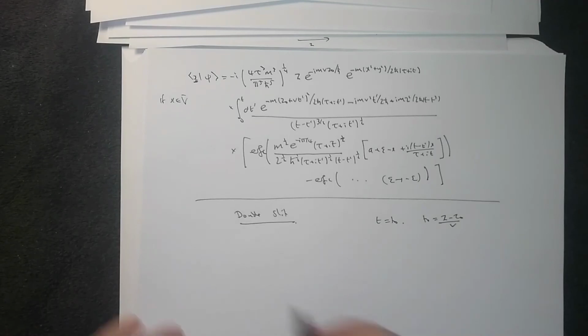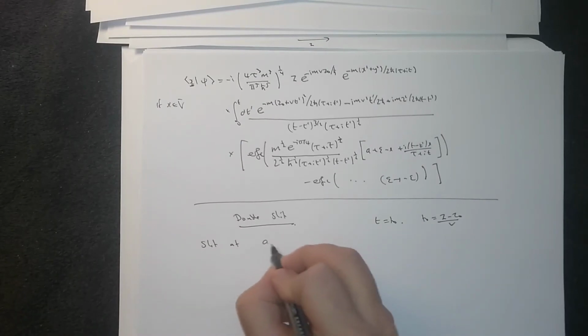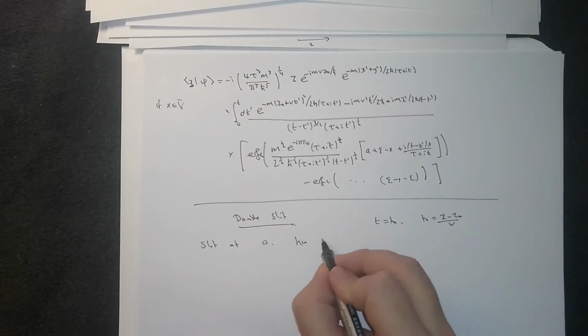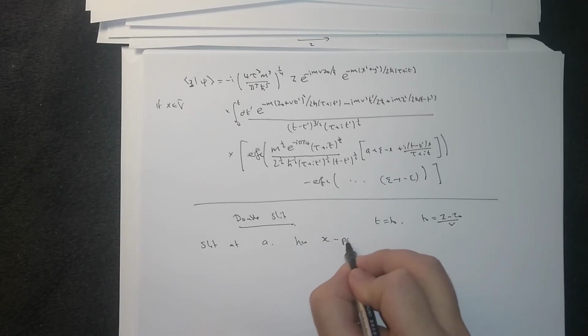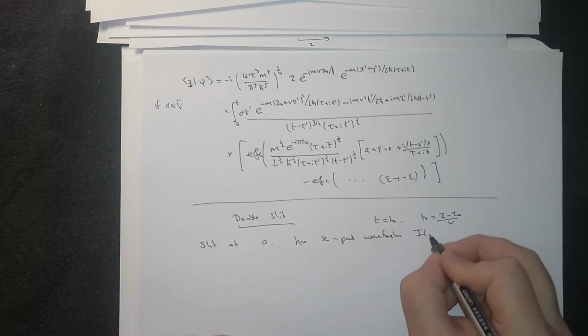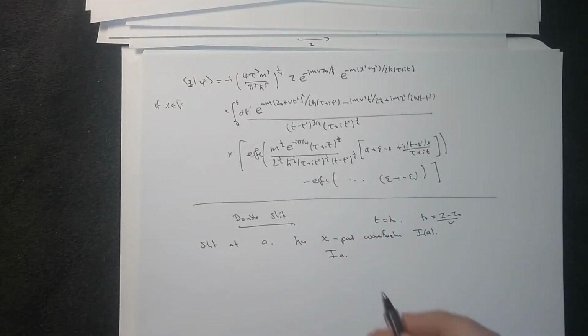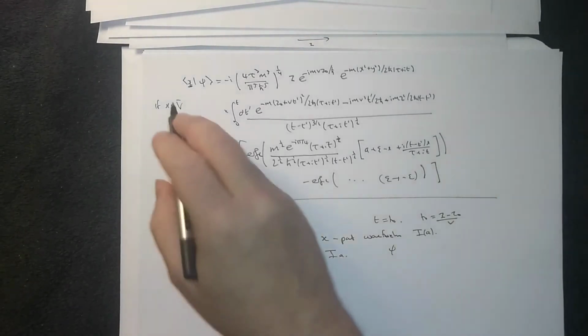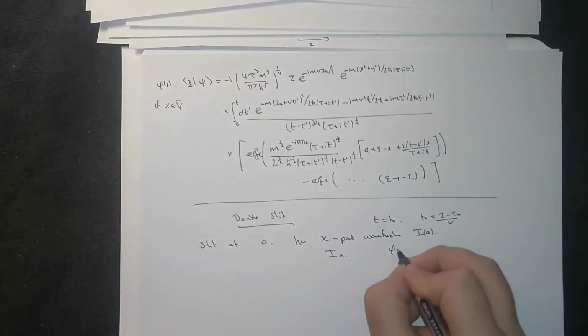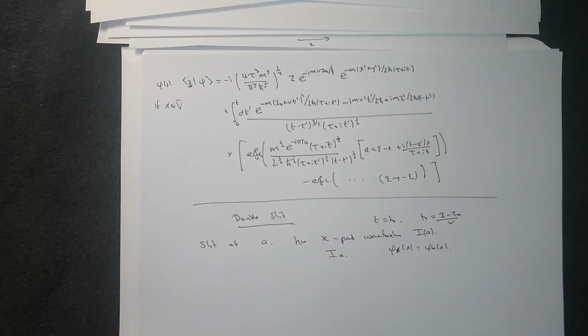For a pair of slits, if the slit at A has x part of wave function, the thing I was calling I of A, I'm going to write that as I sub A now, and psi, let's call this psi of x. I'll write psi of x is psi sub A to distinguish it from psi of minus A, which is for the slit when it's located around minus A.